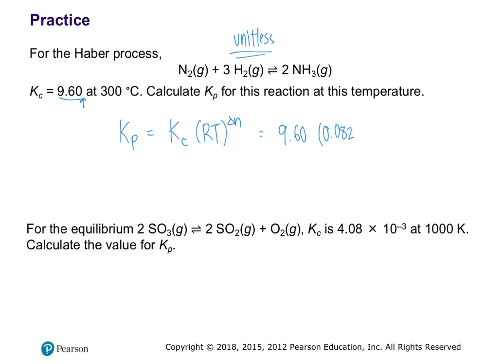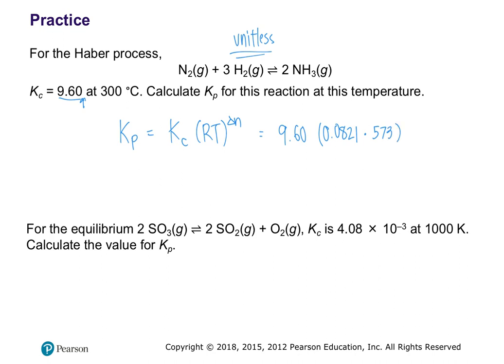So 0.0821, and then we will multiply that by our temperature. Now this is going to need to be in Kelvin. So we're going to do 300 plus 273, which is 573 Kelvin.